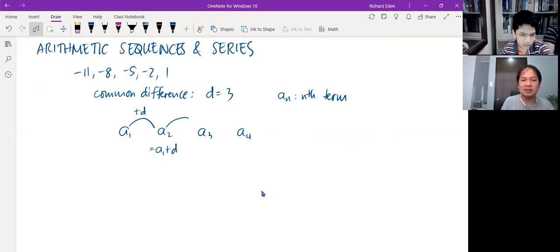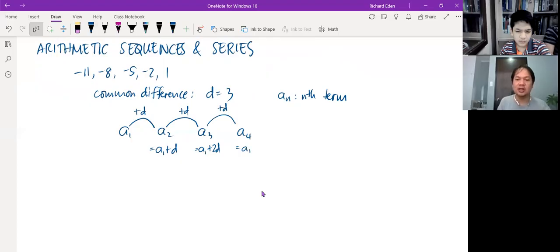To get to a sub 3, you have to make another jump. And so a sub 3 is a1 plus 2d. Okay, the coefficient 2 is because there are 2 jumps that have to be made. And then from a1 to a4, you would have to make a total of 3 jumps. So a sub 4 is equal to a sub 1 plus 3d.